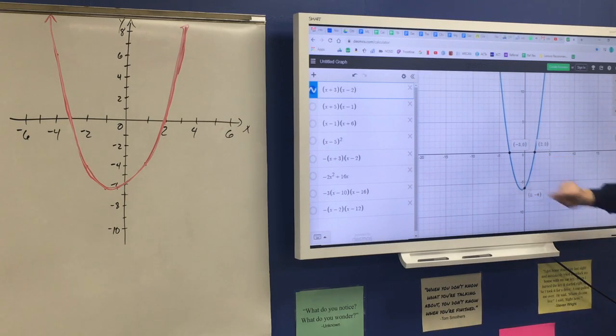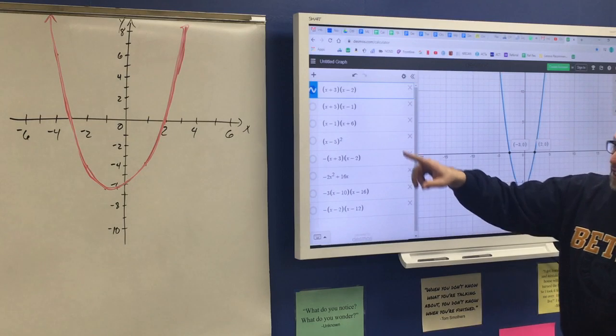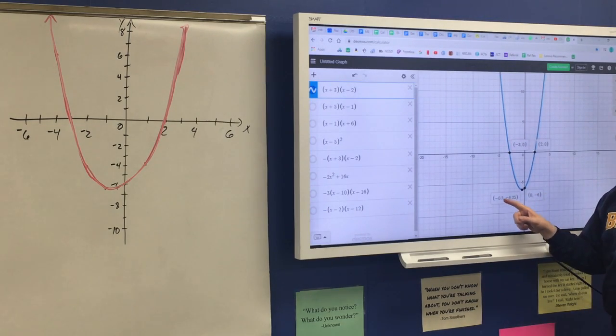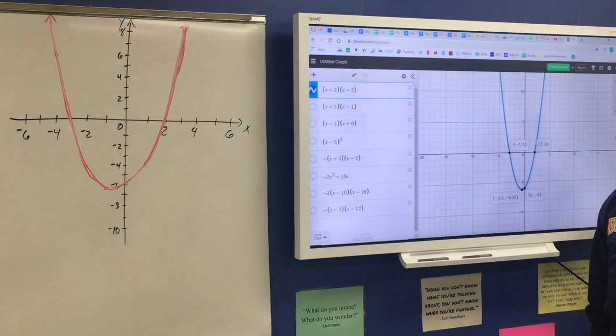And the y-intercept they give me is at 0, -6, and 0, -6 is in my table. And now I can just have it tell me the vertex. I knew where it was in terms of x, is at -0.5. Oh, it's at -6.25. Okay. So I've got my equation.